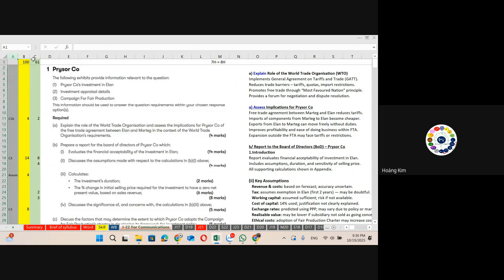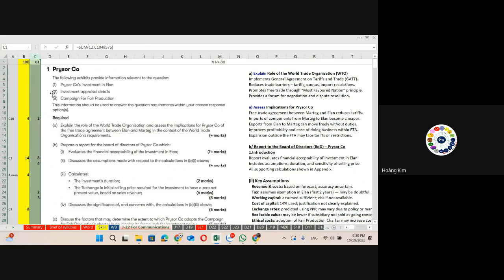I don't use Word or PowerPoint. Excel makes it very easy to estimate and calculate how many marks you can get. For example, you see I have 61 marks if I do this, in column C.